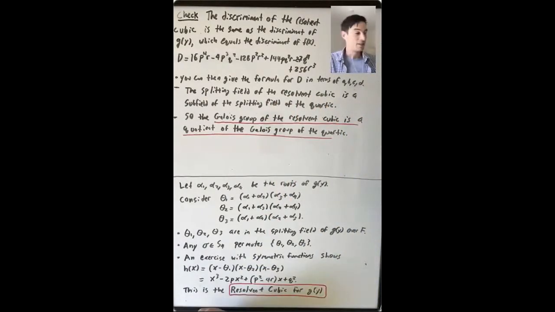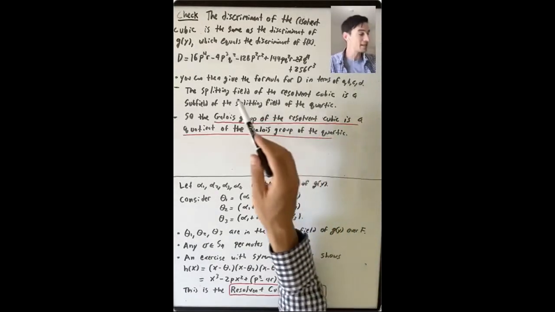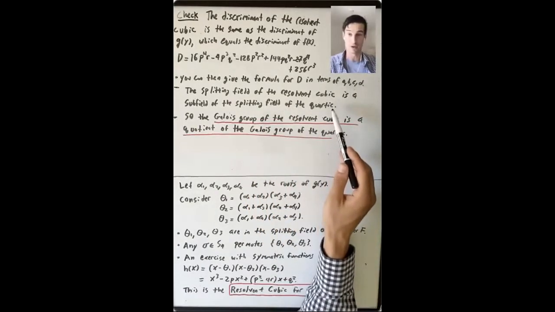Okay, so what does the resolvent cubic tell you about the quartic? Well, the roots of the resolvent cubic are in the splitting field of the quartic. So that means that the splitting field of the resolvent cubic doesn't have to be the splitting field of the quartic, but it is a subfield of the splitting field of the quartic.